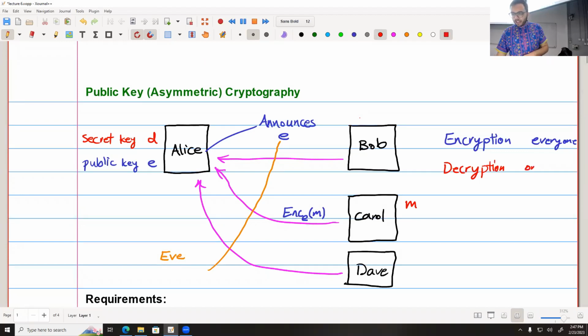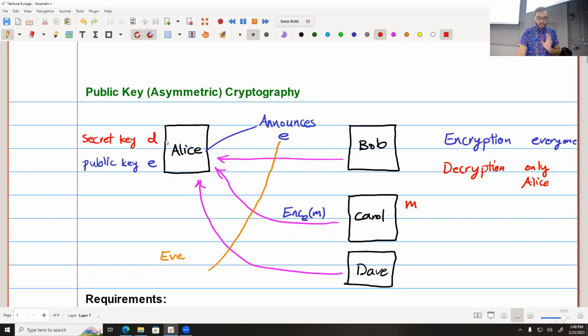Decryption is something that only Alice can do, right? When it comes to signing, I will have a signature function or a signing function and a verification function. Now, I want only Alice to be able to sign, but I want everyone else to be able to verify. So I can just use my decryption as my signature, and I can use the encryption as the verification. But that's an idea that we will see in the next session.